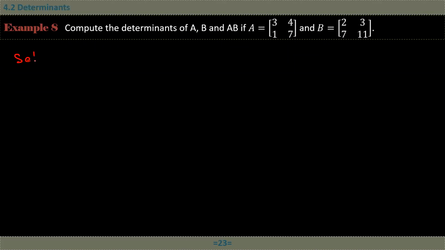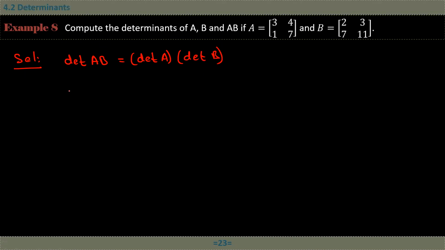We know that the determinant of AB equals the determinant of A times the determinant of B.